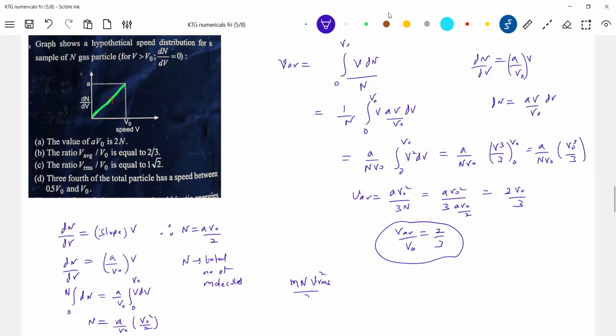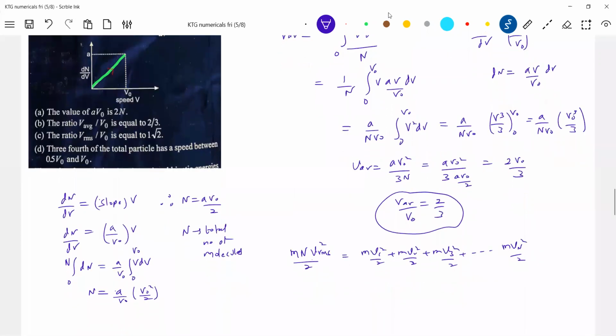So shall we take this one? What is small m? Mass of each molecule into number of molecules. So that will become mass of gas into v RMS square by 2. This should be equal to the sum of kinetic energy of individual molecules. Will you agree with this? And for different molecules, often the speed will be varying.